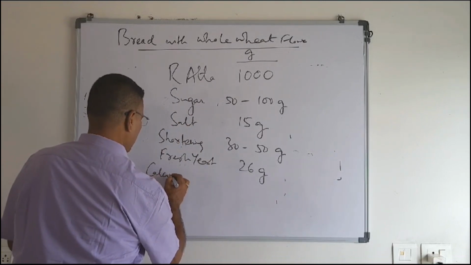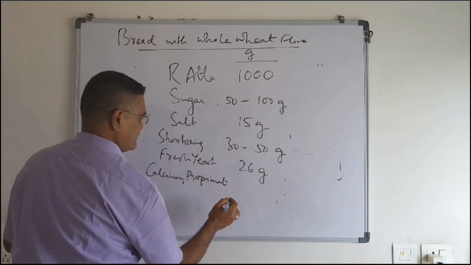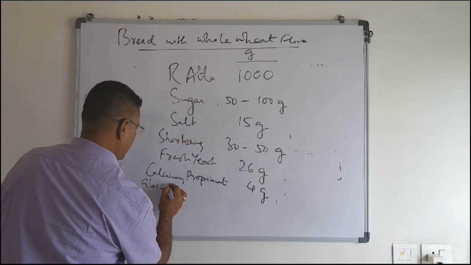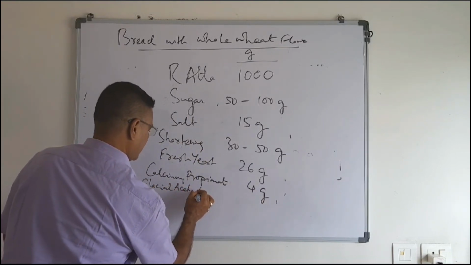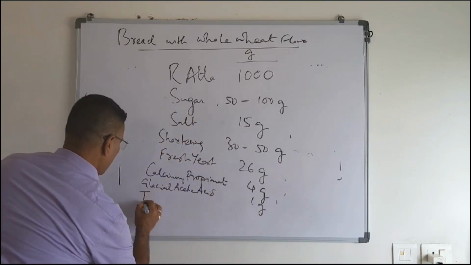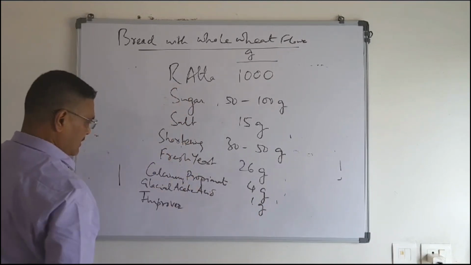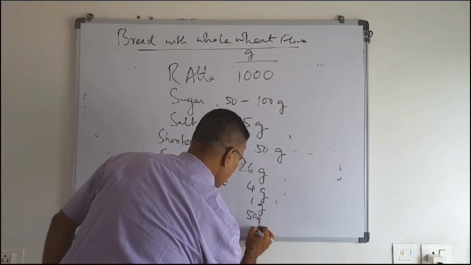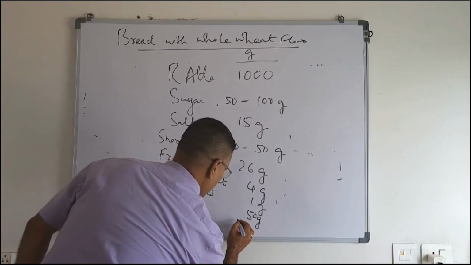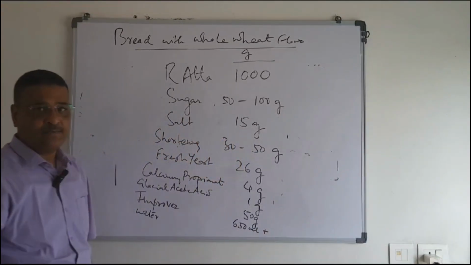Calcium propionate 4 grams. Glacial acetic acid 1 gram. Improver specially tailored for this arata is 50 grams, and your water would be 650 ml plus as per the dough consistency.